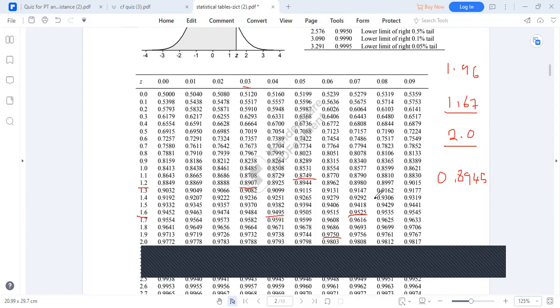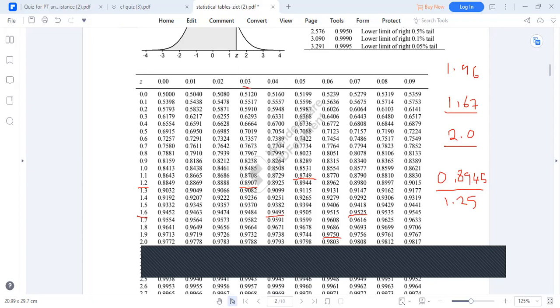So we don't have 0.8945, but we've got 0.8944, which is 1.25. 1.25, correct. So this is with regard to reading the tables.